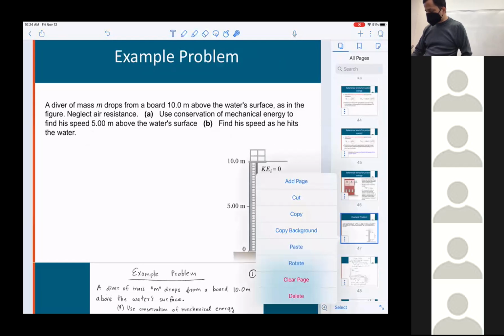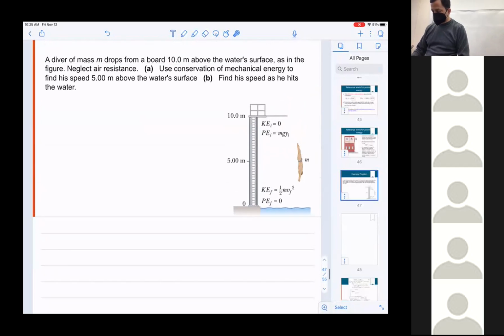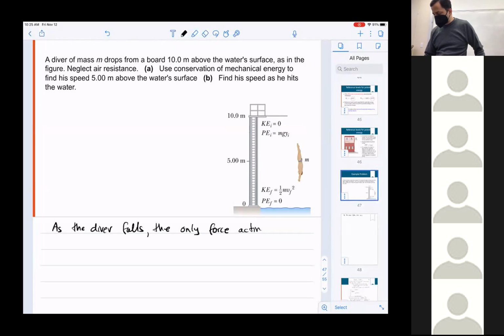The first thing to keep in mind is that in this problem, as the diver falls, the only force acting is the force of gravity.